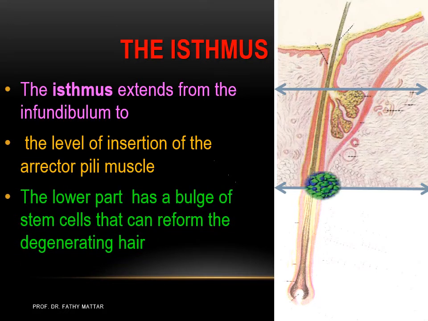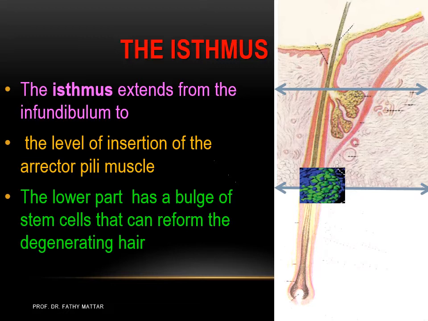The lower part has a bulge of stem cells that can reform the degenerating hair, as we will see that the cells under this part are continuously degenerating and regenerating.